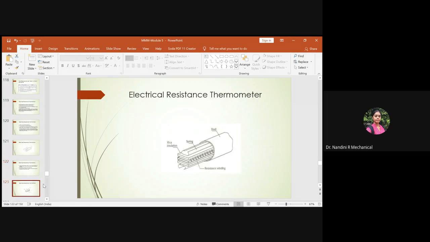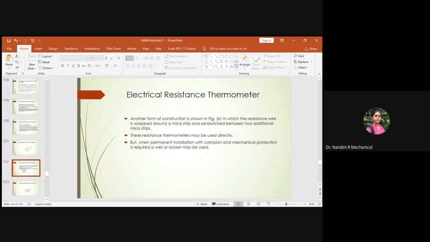These are the mica strips, layers of mica stacked together with the help of resistance winding. You can see the mica strip here, wound with resistance winding at frequent intervals of distance. Okay, these resistance thermometers may be used directly.